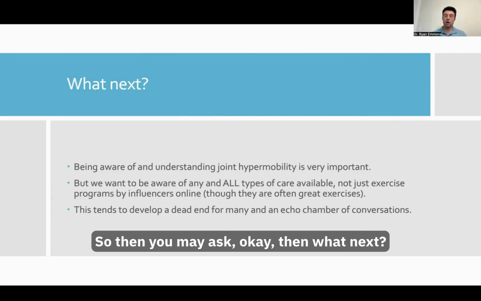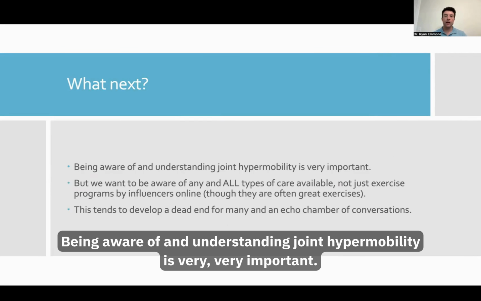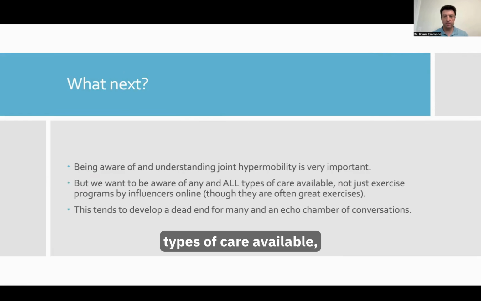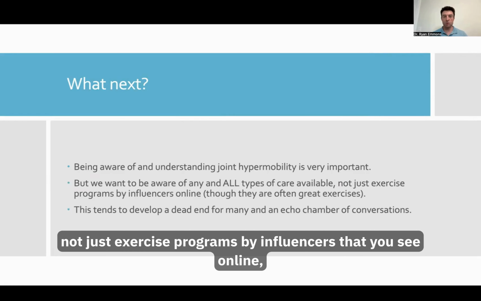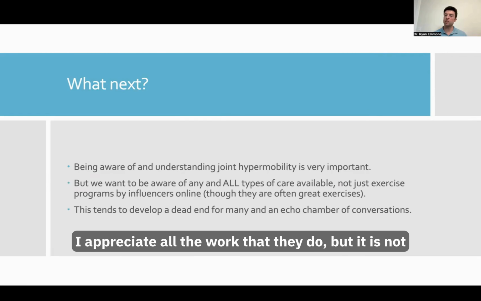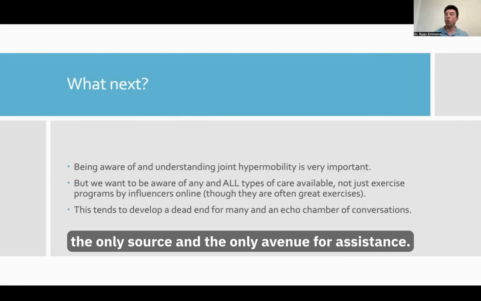So then you may ask, okay, then what next? Being aware of and understanding joint hypermobility is very, very important. But we want to be aware of any and all types of care available, not just exercise programs by influencers that you see online. Though they are often great exercises, and I appreciate all the work that they do, it is not the only source and the only avenue for assistance.